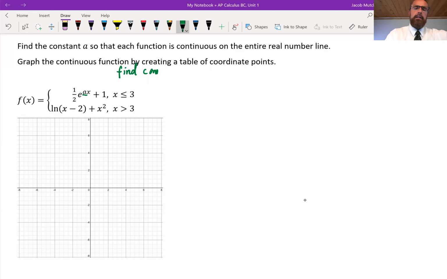So looking at the piecewise function, what is the common x value? The one that they share as they join. Good, that's the 3. So what I want to do is substitute in for this first function. What's f at 3?